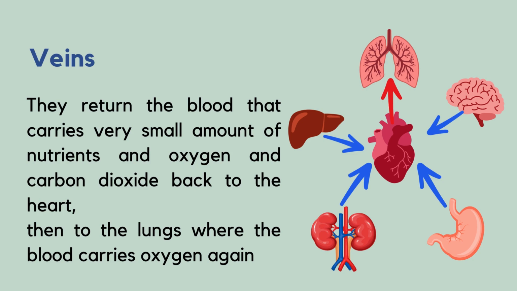So the blood will carry oxygen and will leave the carbon dioxide for the lungs to get rid of it, okay? So here, the veins return the blood that carries a very small amount of nutrients, oxygen, and carbon dioxide as a waste product to the heart.